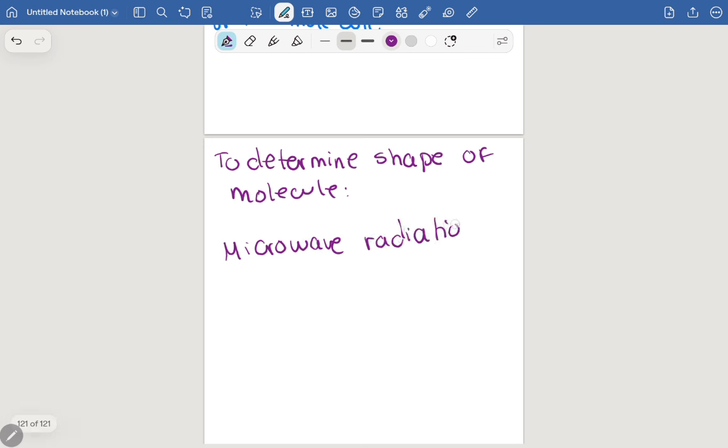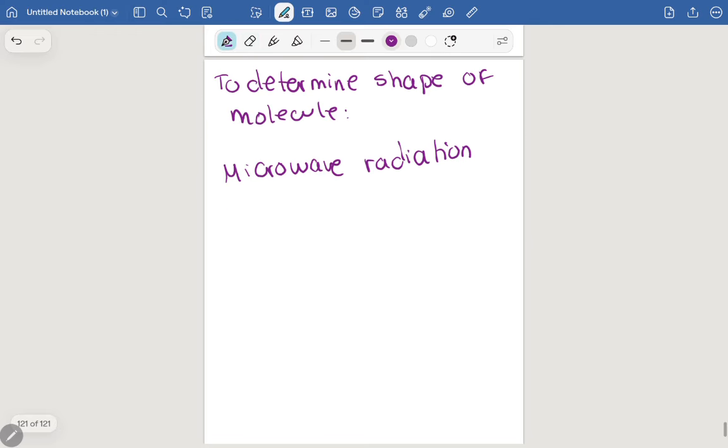What does microwave radiation do exactly? Basically, microwave radiation will probe the rotational energy levels to determine the shape of the molecule. Okay? So in order to determine the shape of the molecule, we will use microwave radiation.